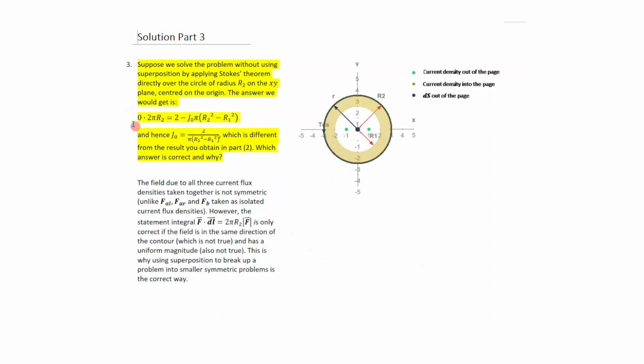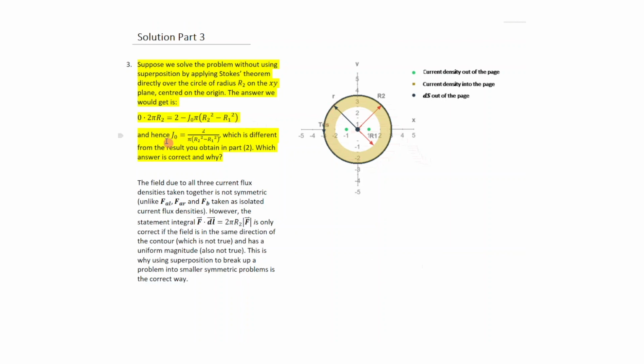The field is going to be 0 because we've stated that it's going to be 0 at this point here. This is a contribution, say, to this filament. And there's a contribution to the filament here. Both are positive contributions. Whereas the current flux in this one is in the opposite direction, so you end up with a minus sign here. So this would be the current flux due to this cylindrical ring that you see here.